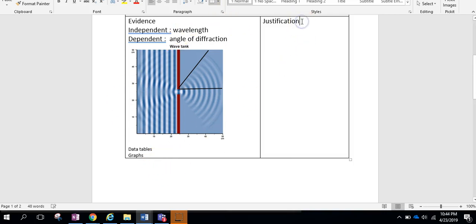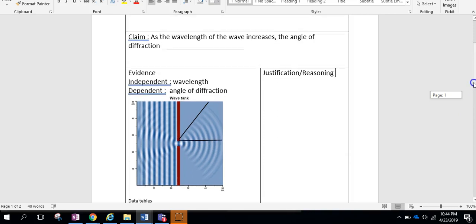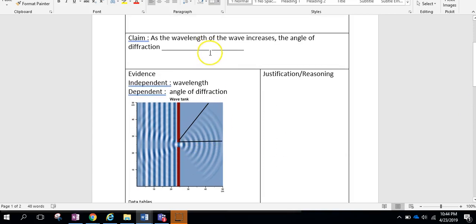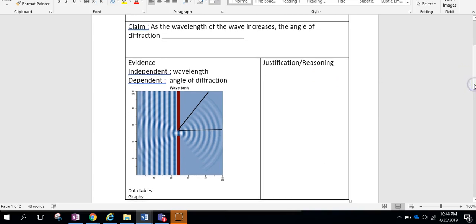Now comes justification, or reasoning. We are going to see how your evidence proves your claim, and what the scientific reasoning behind it is. Do you have any reason to explain why whatever happened, happened that way?